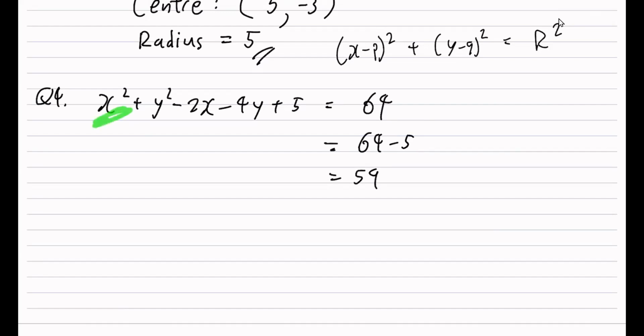Complete the square. x squared minus 2x, what do you get? x minus 2 over 2, bracket close, square, minus 2 over 2 square.